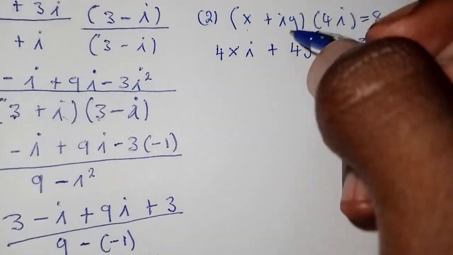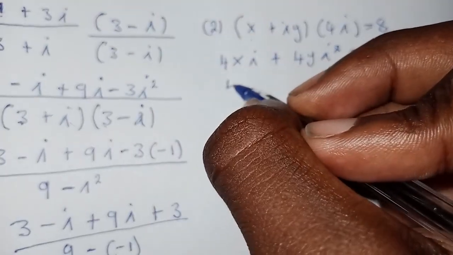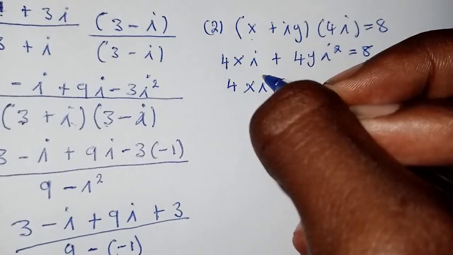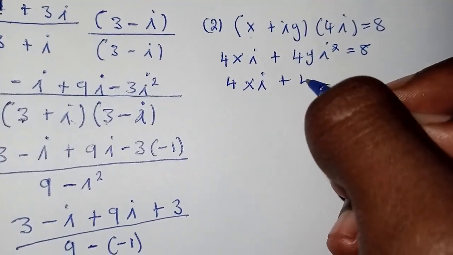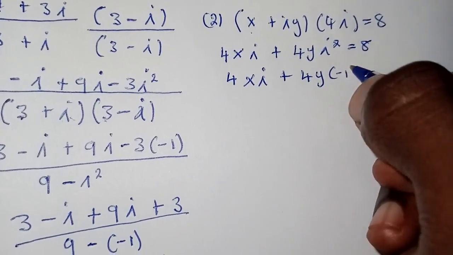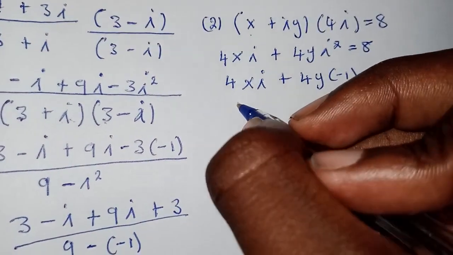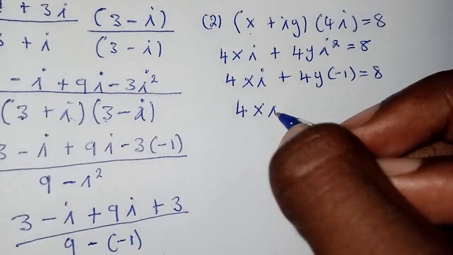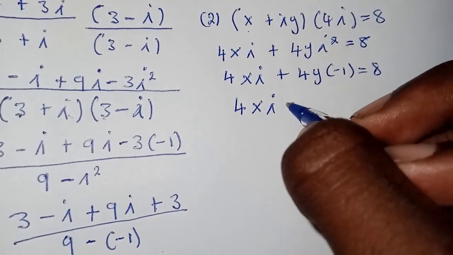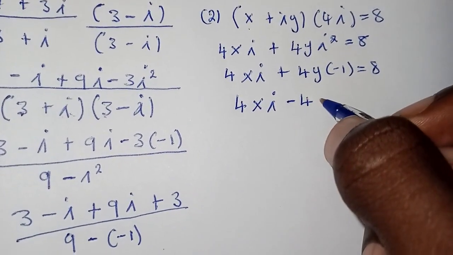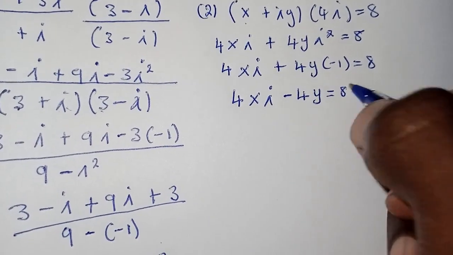From here, this is going to be 4xi plus 4y times negative 1 equal to 8. From here, this is going to be 4xi, then of course, negative 4y equal to 8.